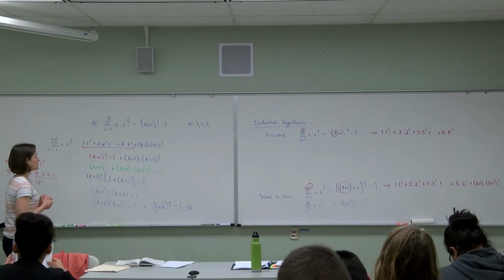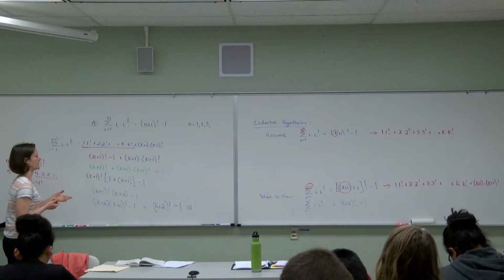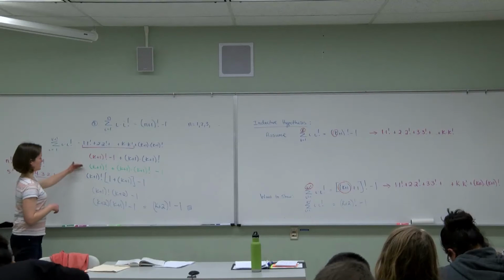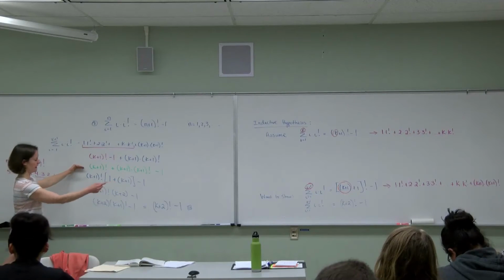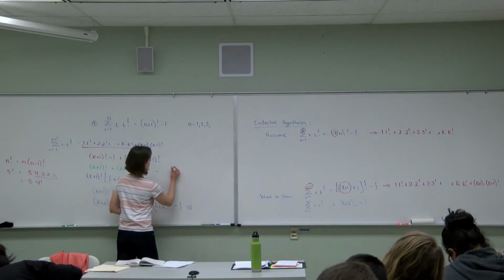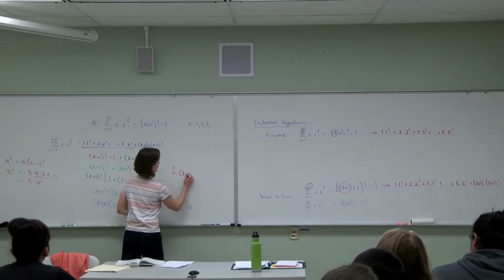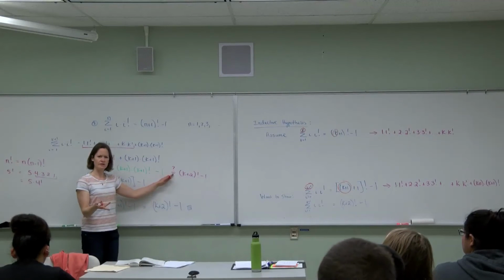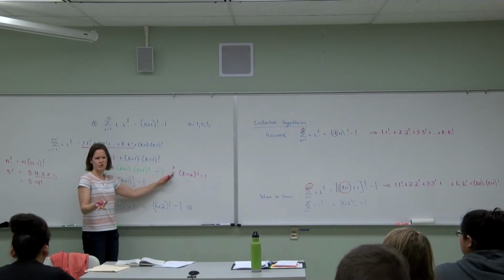But what I would suggest is if you want to go that route, do that as your scratch work. So you would say, okay, is this thing equal to that thing? And for myself, I would always put a question mark over it, just to remind myself that I'm not sure if these two things are equal, right? I'm trying to show that.